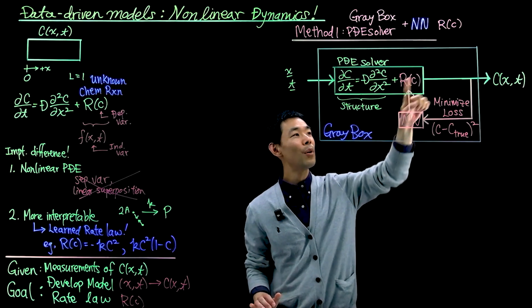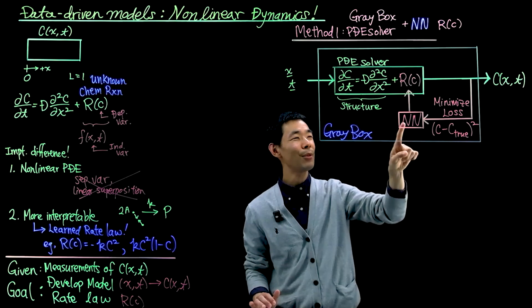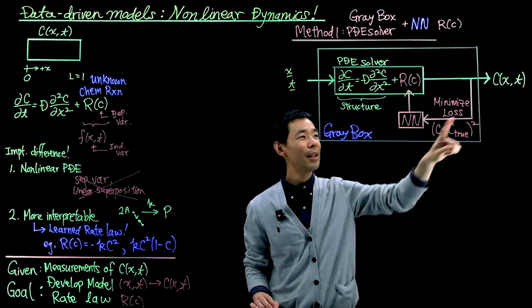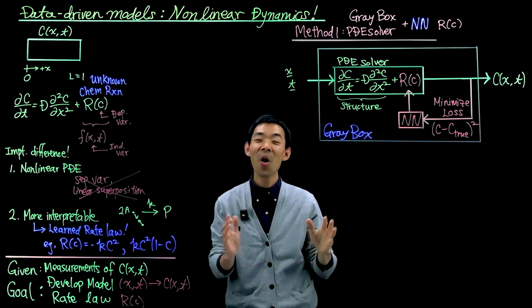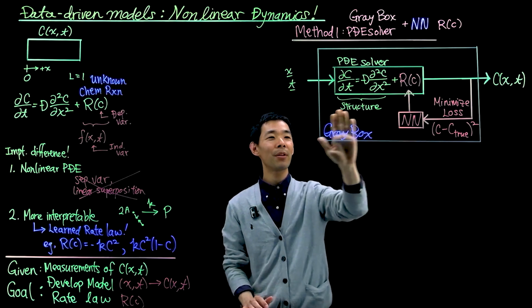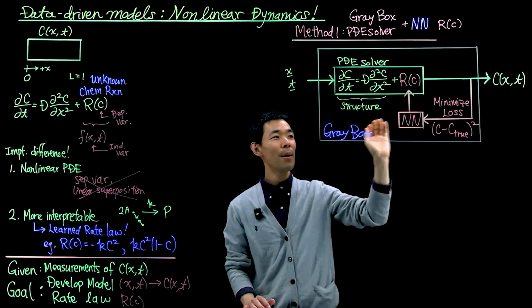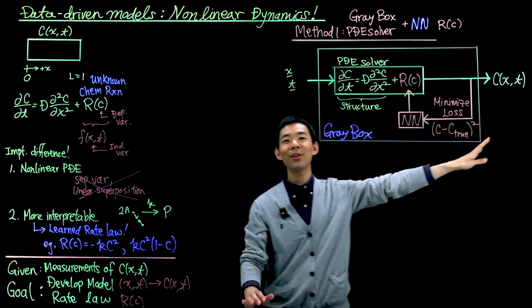And we're going to loop over this pink cycle where we have a neural network that will spit out some rate law, and then over and over again. And once it's properly trained, hopefully, combined with physics and some black box, we have a gray box that's partially transparent, partially opaque, and we have inputs coming out to outputs.